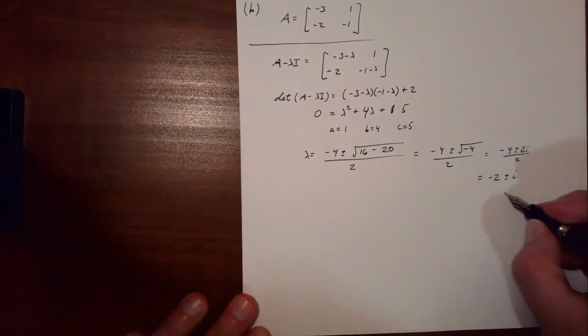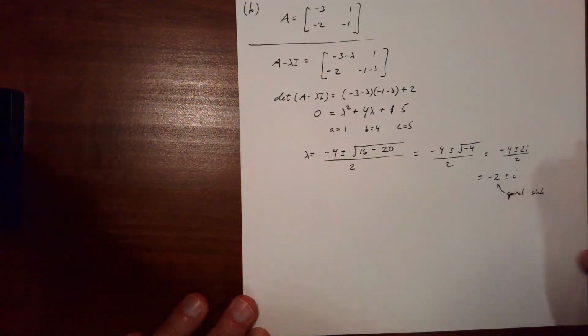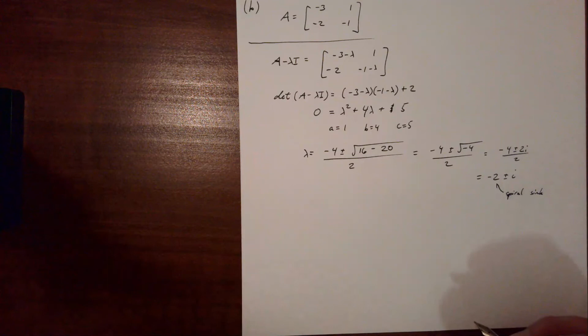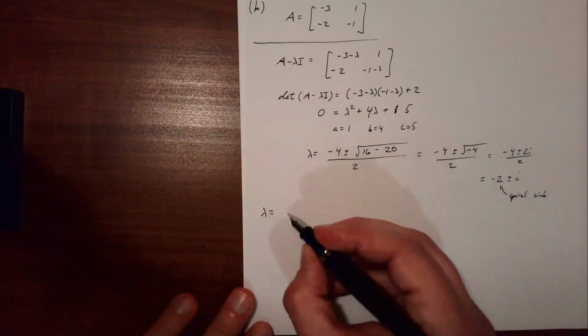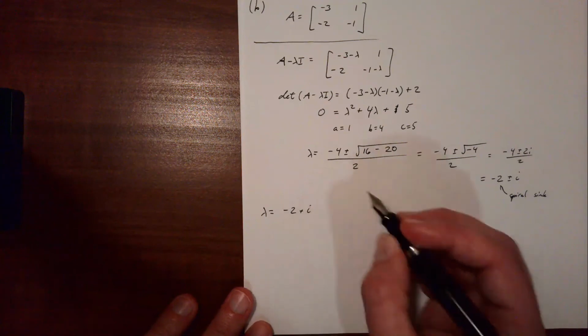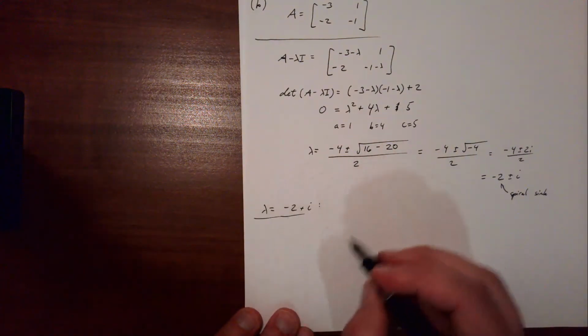So by the way, right here I can see this is going to be a spiral sink. As soon as I have the eigenvalue, I actually know that much. So then I'll take my lambda equals negative 2 plus i. And I'll figure out a corresponding eigenvector.